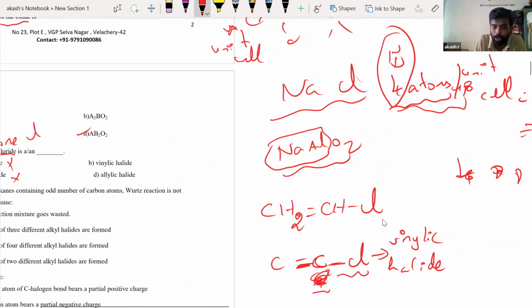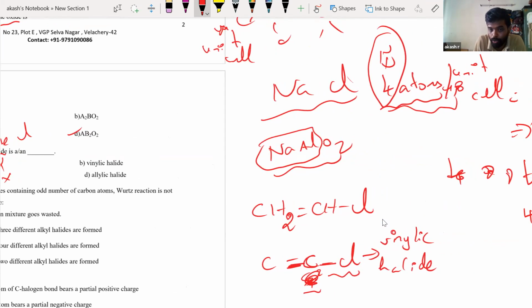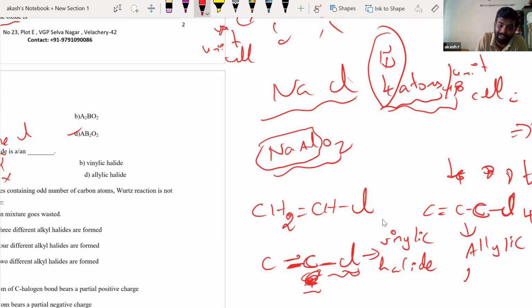Again, I'm repeating. If you have a functional group, in this case chlorine, directly attached to a carbon which has a double bond, it is called a vinylic halide. But say I have a C=C and there is another carbon next to it having chlorine. Now this chlorine is attached to a carbon which is attached to a carbon having a double bond. These structures are called allylic halides.